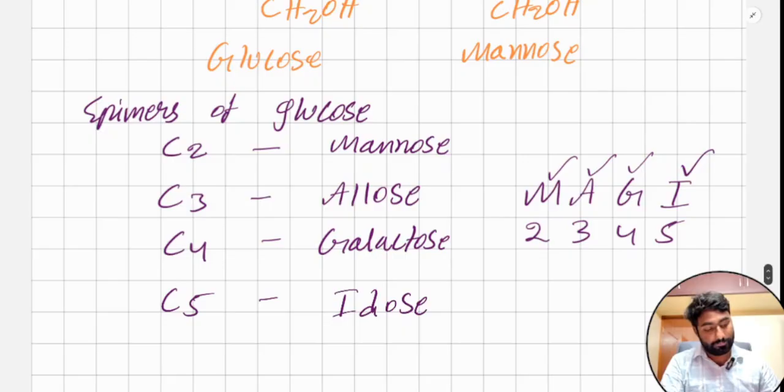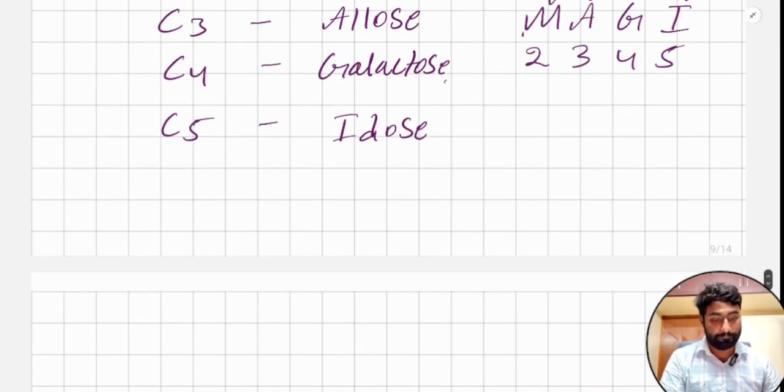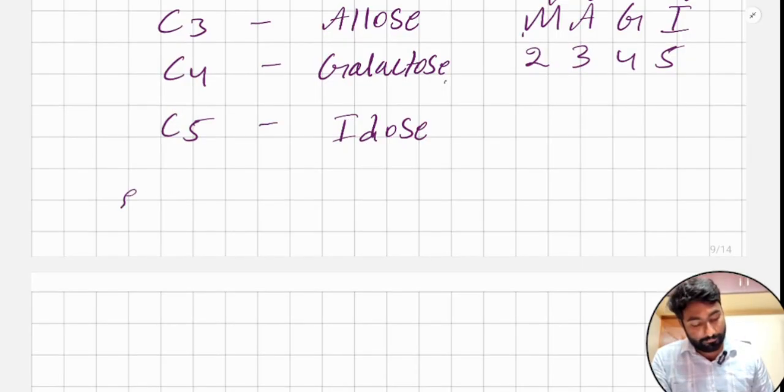Now, it doesn't mean that mannose and galactose are epimers. Glucose and mannose are epimers, and glucose and allose are epimers, but not mannose and allose, and not mannose and galactose. Got it? Now, conversion of one epimer into another is by the help of enzymes called epimerases.